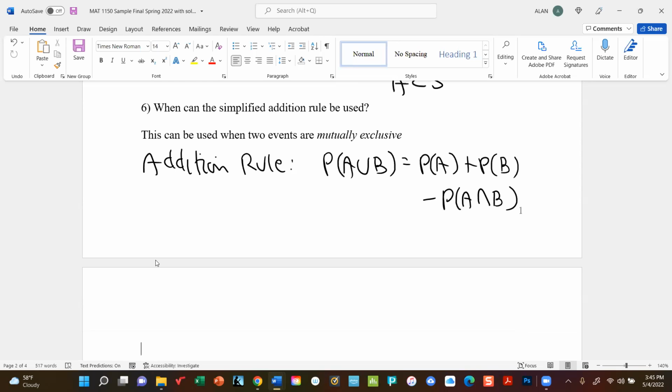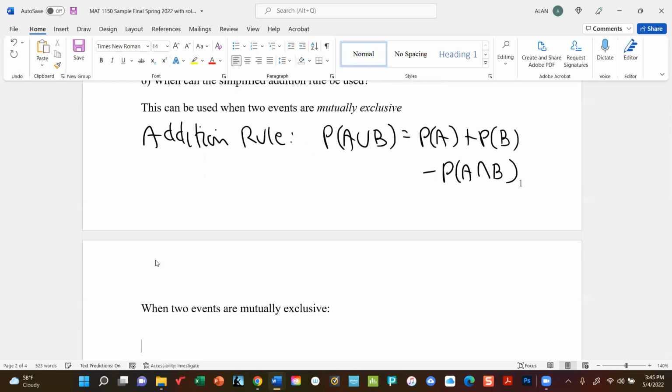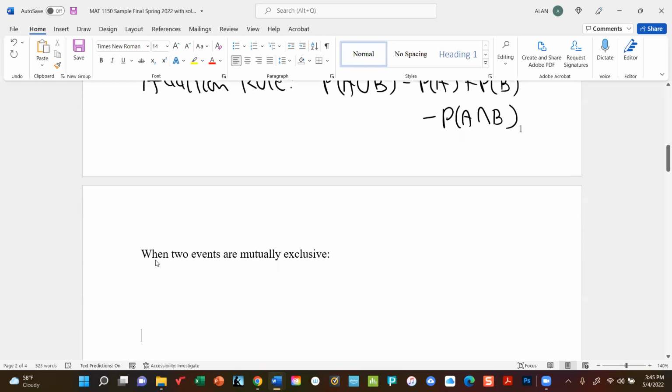Now, when 2 events are mutually exclusive, the consequence is that this intersection has a probability of 0.